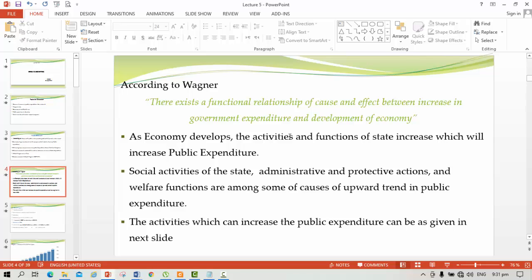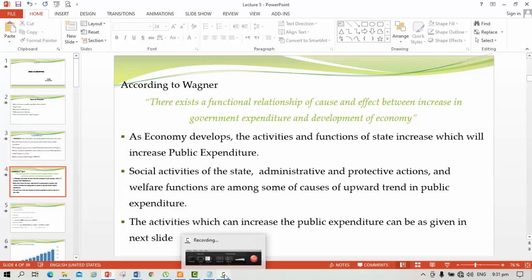When one of these increases, the other also increases. Social activities of the state, administrative and protective actions, and welfare functions are some of the causes of the upward trend in public expenditure. The activities which can increase the public expenditure are given in the coming slides.